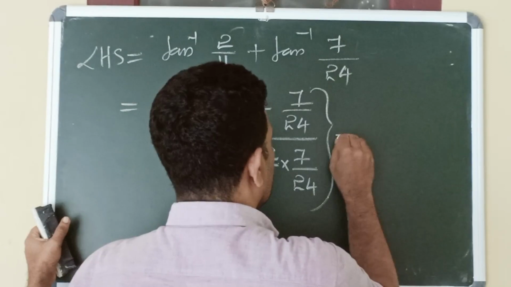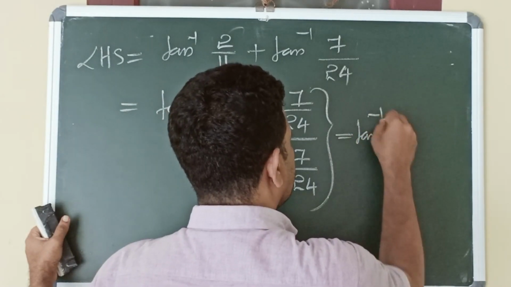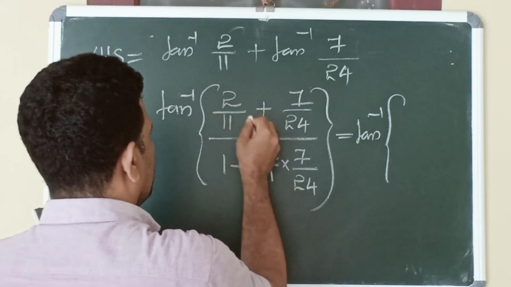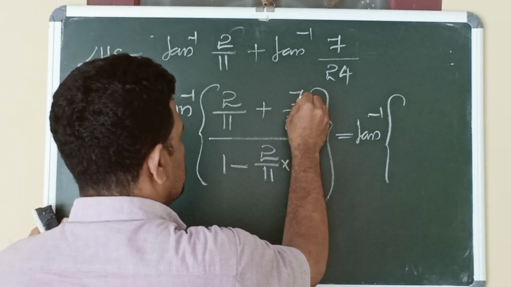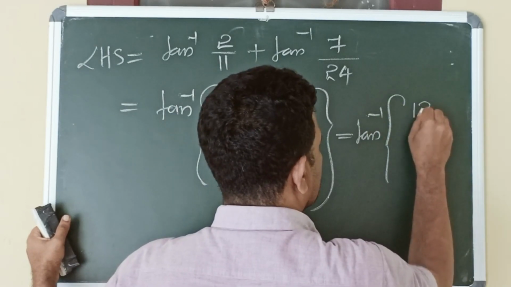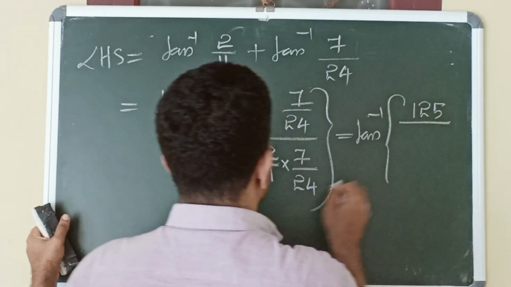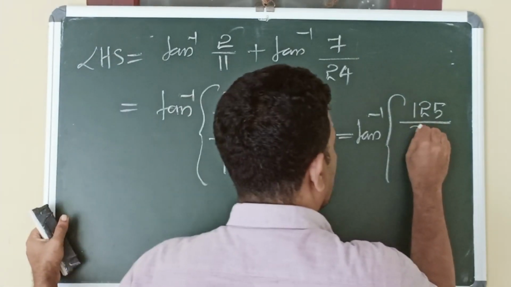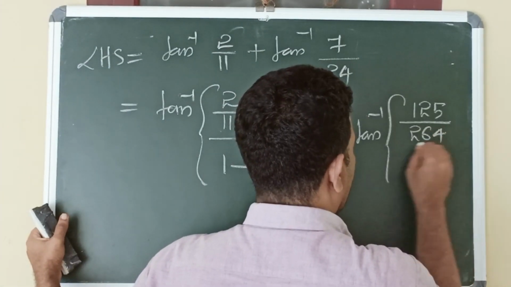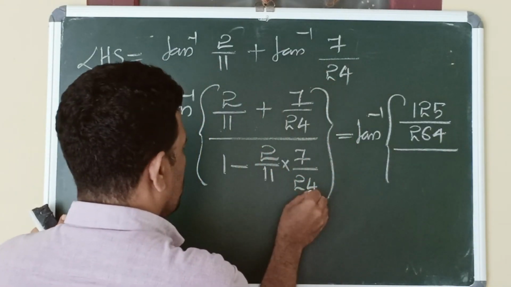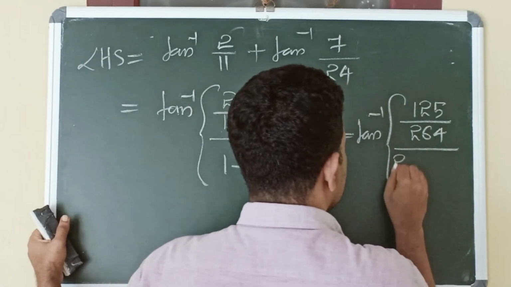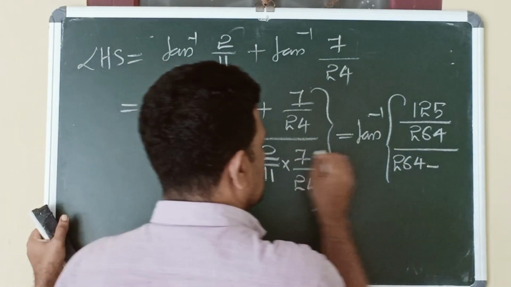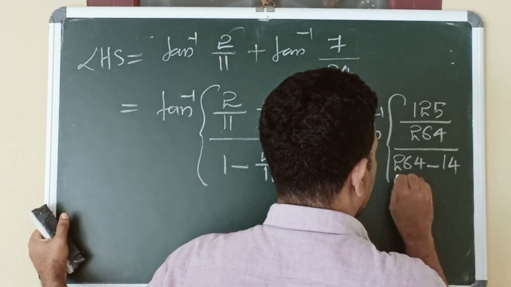That is equal to tan inverse. Here 2 into 24 is 48, plus 77, that is 125, divided by 24 into 11, which is 264. Divided by 264 minus 7 into 2, which is 14, divided by 264.